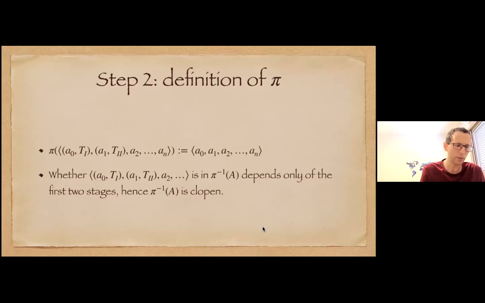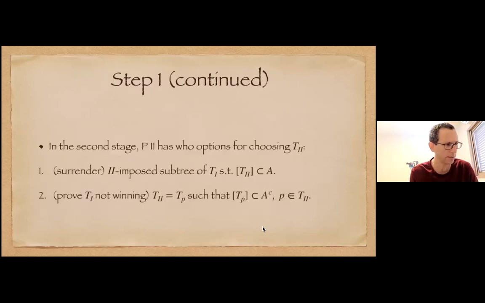If player 2 surrendered, we know that the play, I will just go back one slide.